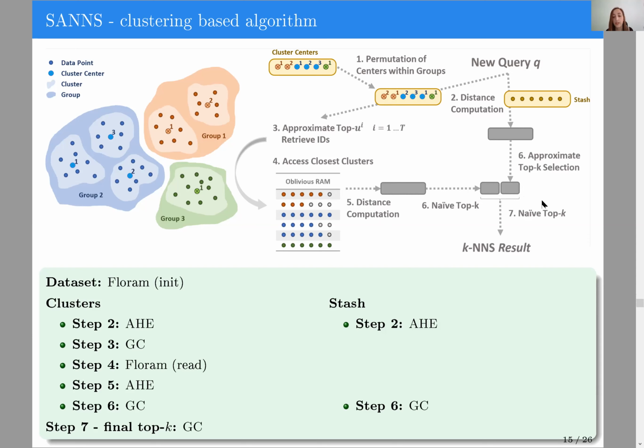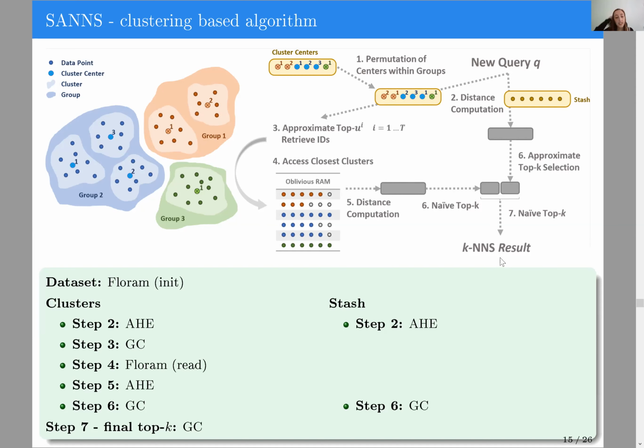This is going to be the answer of the K nearest neighbor search. To summarize, we compute distances, select the closest centers, access the closest clusters, compute the distance between the query and the elements only in the closest clusters, and then do the naive top K computation on both sides and extract the final top K.